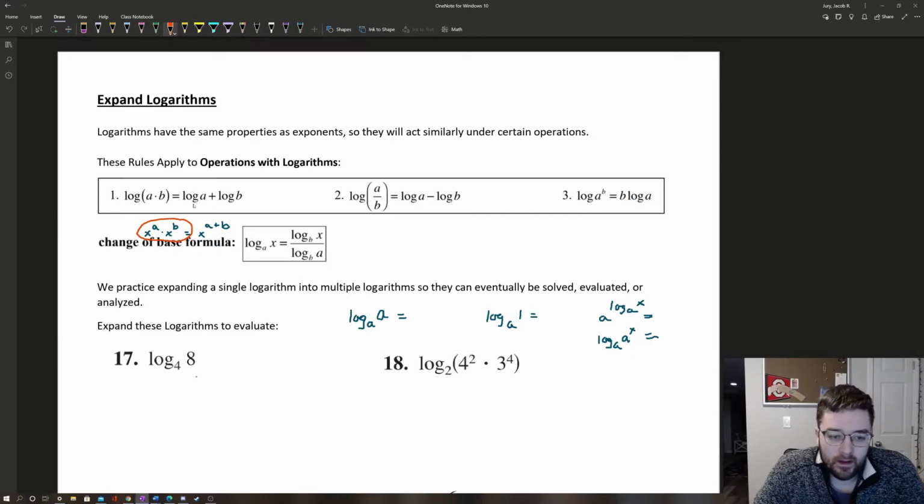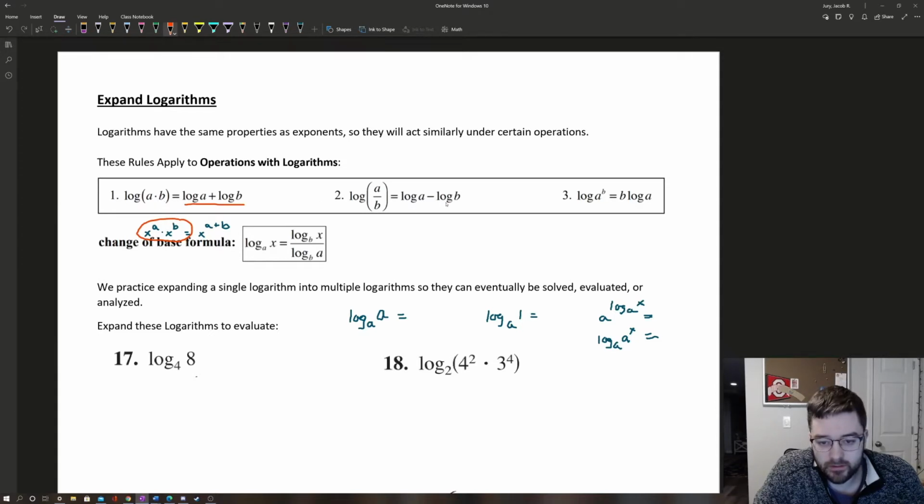So if you multiply inside the argument of a logarithm, then you're going to add the two separate logarithms with those arguments split. That's the multiplication rule.